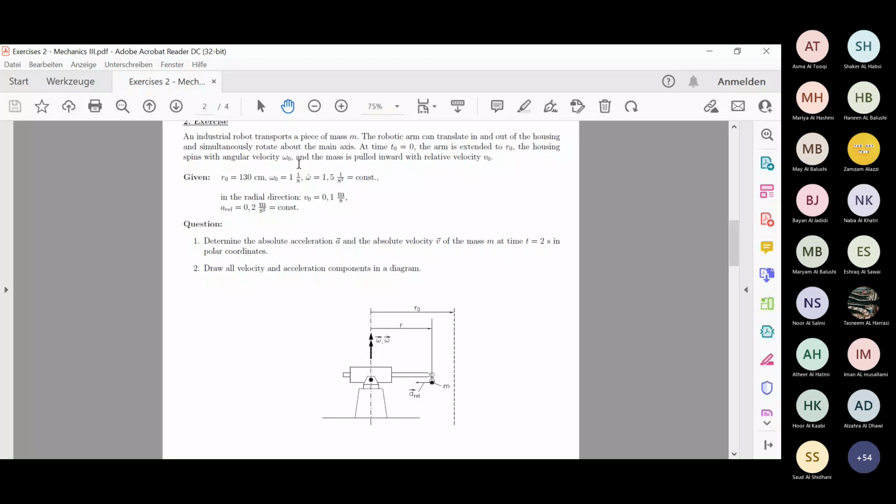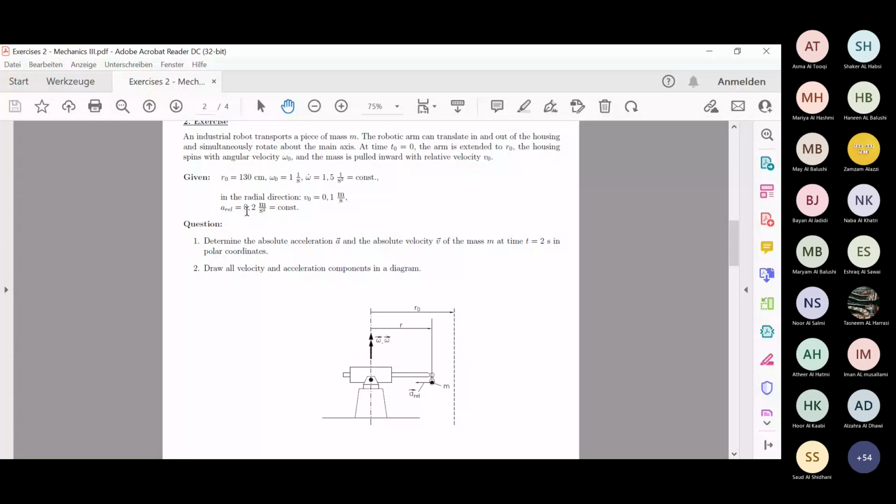Now, R0 is 130 centimeters, omega 0 is 1 radian per second, and omega dot is 1/2 radian per second squared, which is constant. In the radial direction, we have v0 of 0.1 meter per second, and the relative acceleration is 0.2 meter per second squared, which is constant.